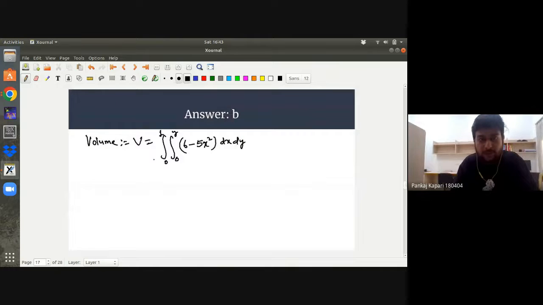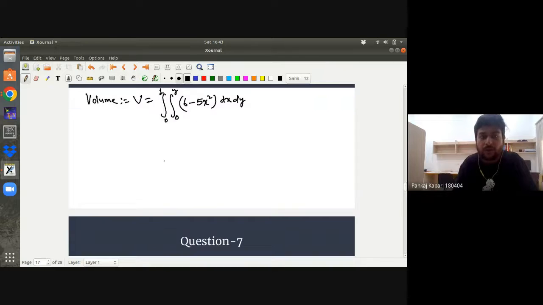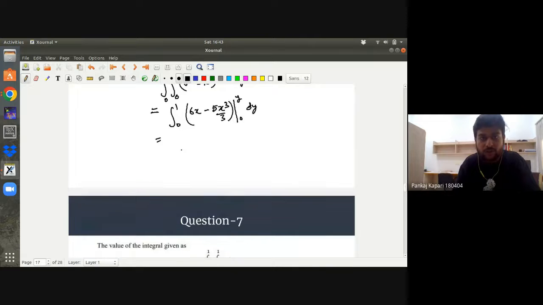These are the limits of integration. Now we can find our volume by integrating this function one by one. First integrate with respect to x. What do we get? 6x minus 5x cubed by 3, and we take limits from 0 to y, and then integrate with respect to y also. So what do we get? Integral from 0 to 1.